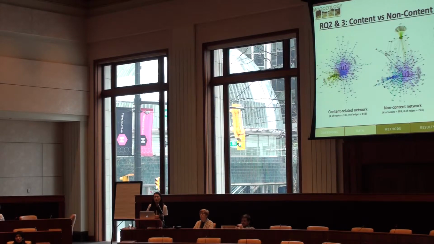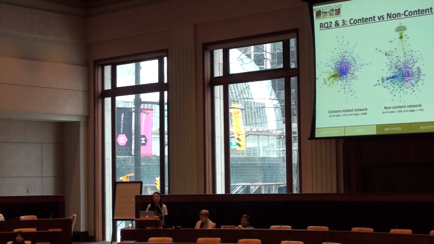When looking at the network structures, we found the modules in the content-related network on the left have very strong interconnections, which means there were a lot of interconnections between people in different modules in this network, which was less common in the other network.